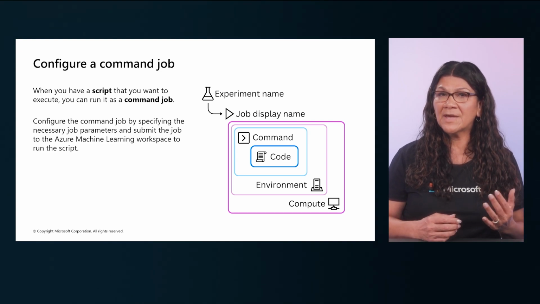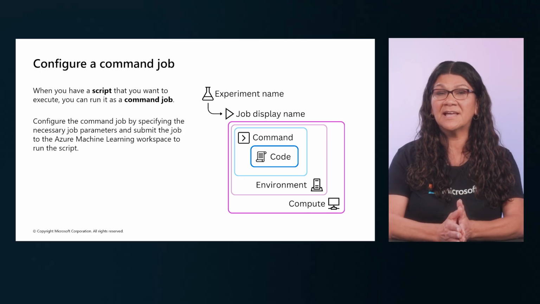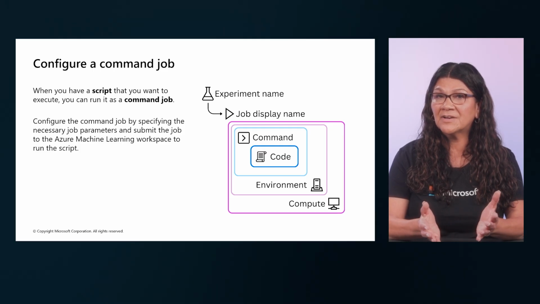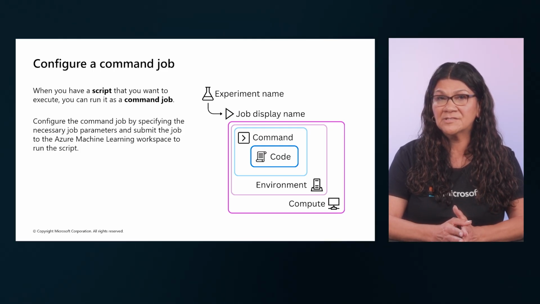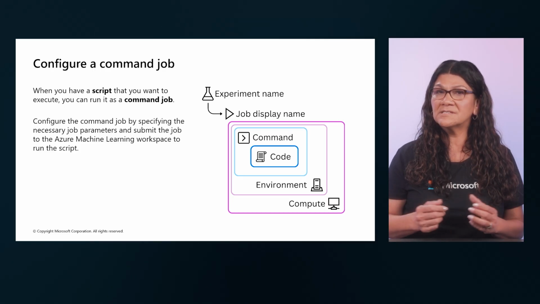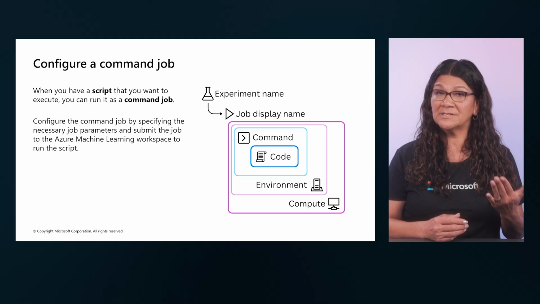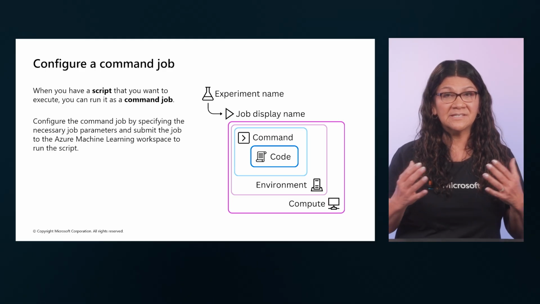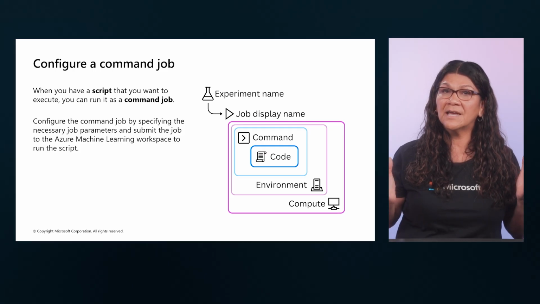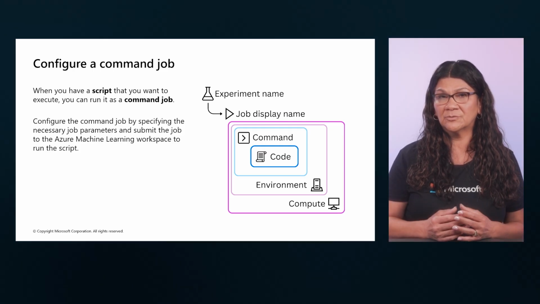To configure a command job with Python SDK version 2, you'll use the command function. To run a script, you'll need to specify values for the following parameters: code, command, environment, compute, display name, and experiment name. Together these settings make your run portable across machines and reproducible across iterations.